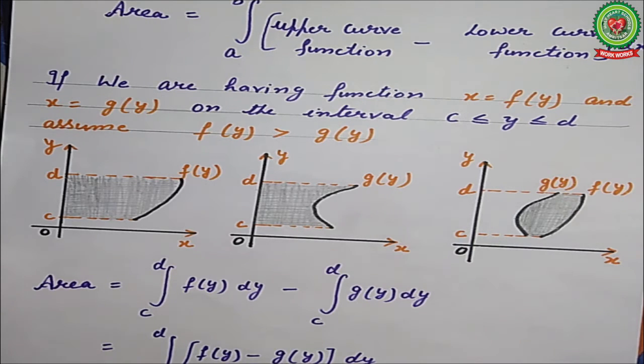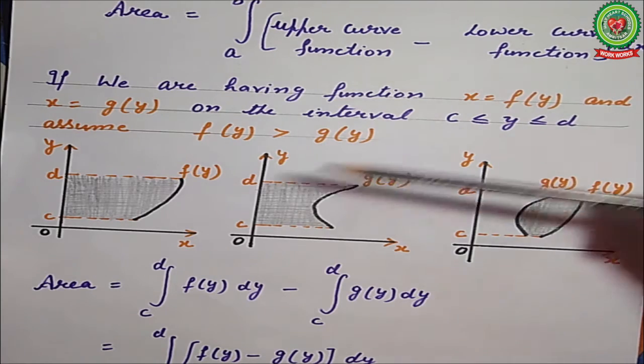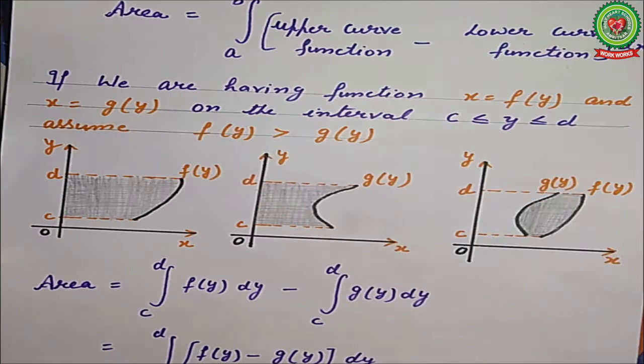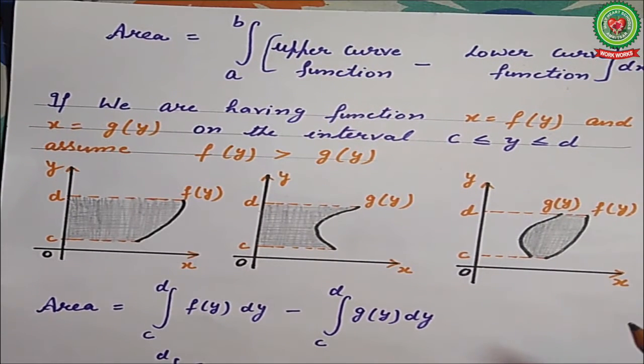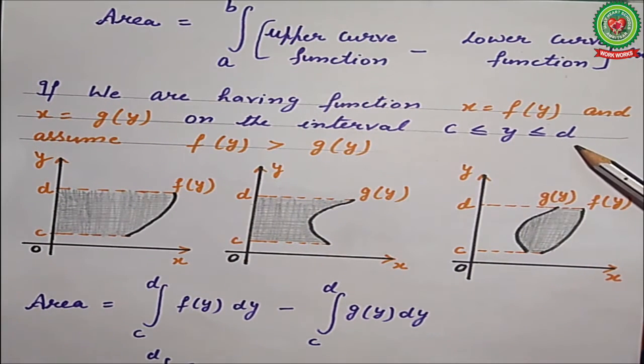Similarly, when we have functions in the variable y, for example, x is equal to f(y) and x is equal to g(y), for the interval, now I am taking one more interval, that is c to d.